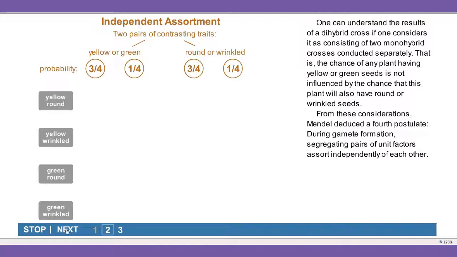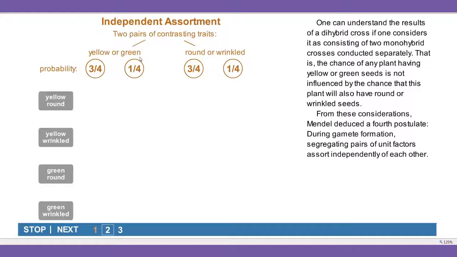So, looking at those laws of probability, we can figure out how to multiply them out. Individually, yellow or green is going to be a ratio of 3 to 1, and round or wrinkled is going to be a ratio of 3 to 1. And if we look at all the possible combinations: yellow round, yellow wrinkled, green round, green wrinkled, those are our 4 possible combinations of the phenotypes.